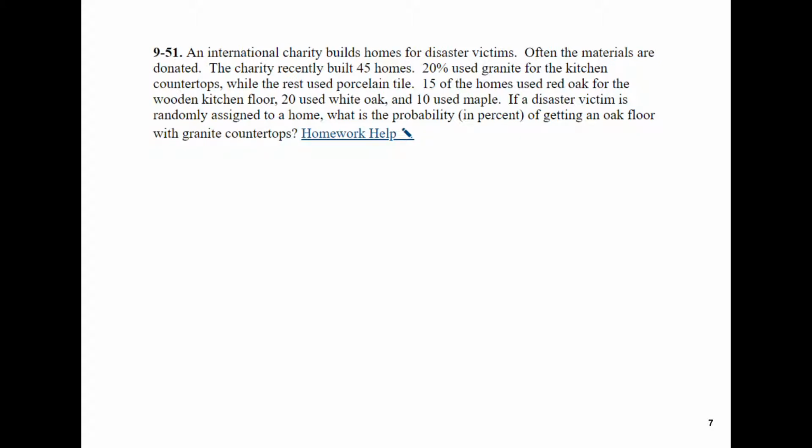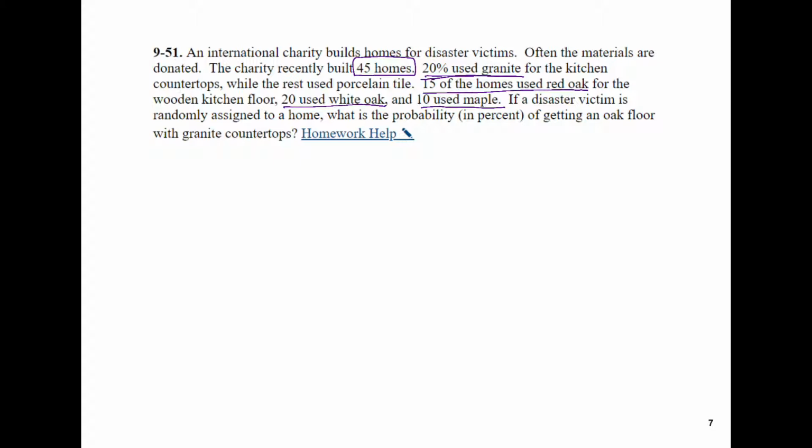9-51, an international charity builds homes for disaster victims. Often the materials are donated. The charity recently built 45 homes. 20% used granite for kitchen countertops, while the rest used porcelain tile. 15 of the homes used red oak for the wooden kitchen floors, 20 used white oak, and 10 used maple.